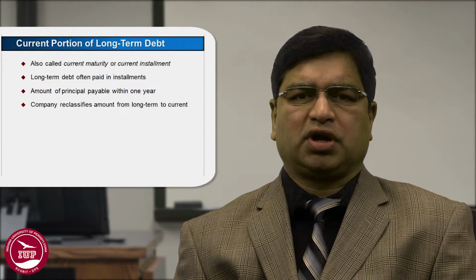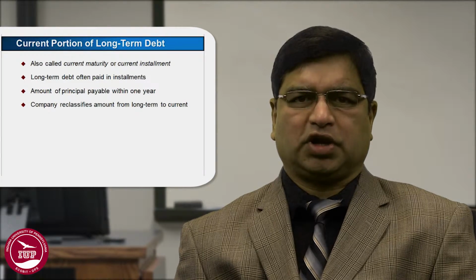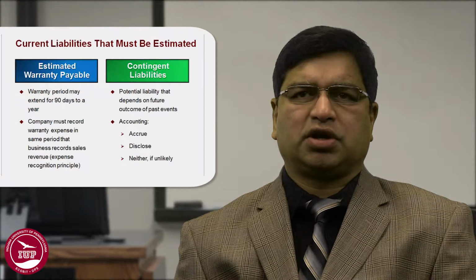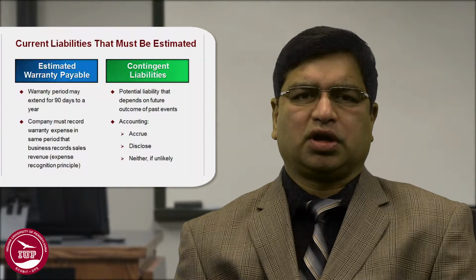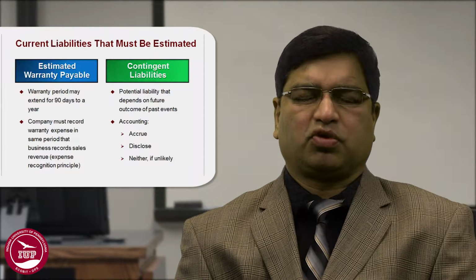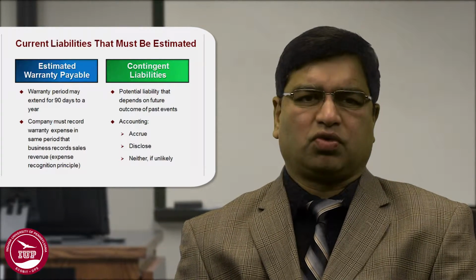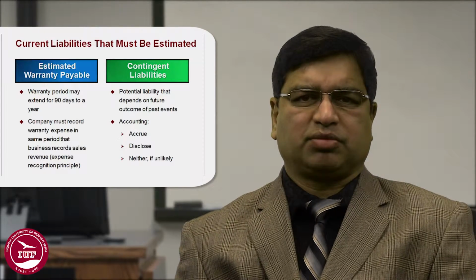So the company will reclassify amounts from long-term to current liabilities. In some cases, current liabilities will need to be estimated. For example, in case of warranty, you might need to estimate the liability based upon the history of the company as to what has gone wrong in the past, and based upon that, an estimate might be made.